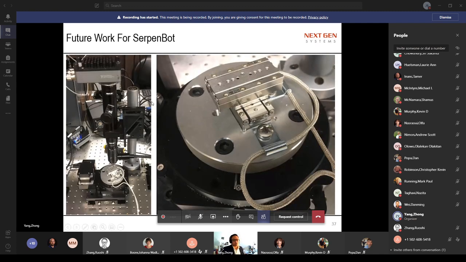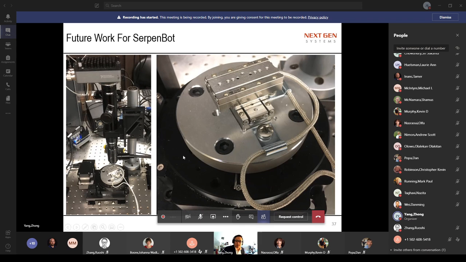Here is the real setup we have for the serpent bot. You can see the camera system, and this is only part of it. For the stages, we are using a PI piezoelectric linear stage, which is much faster, more precise, and smaller than our setup before.